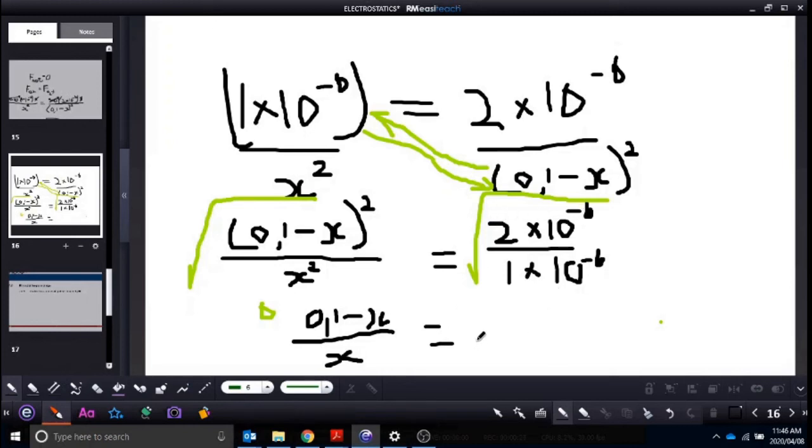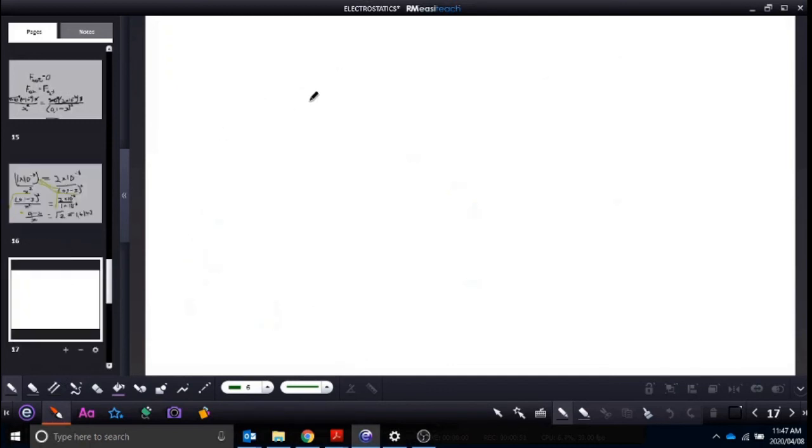The square root of 2 is 1,4142. Okay, so if we cross multiply, we then get 0,1 minus x is equal to 1,4142 x.